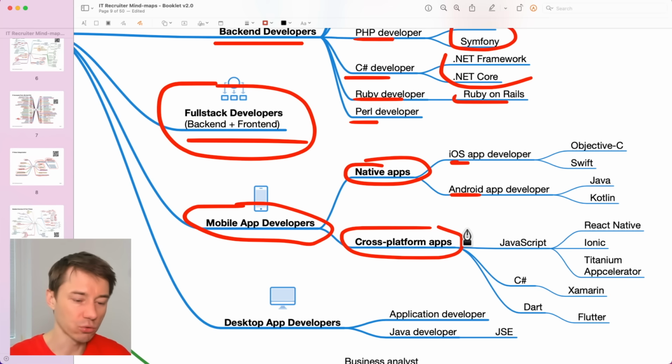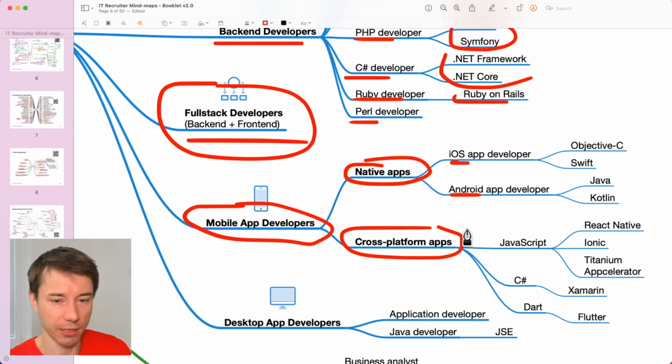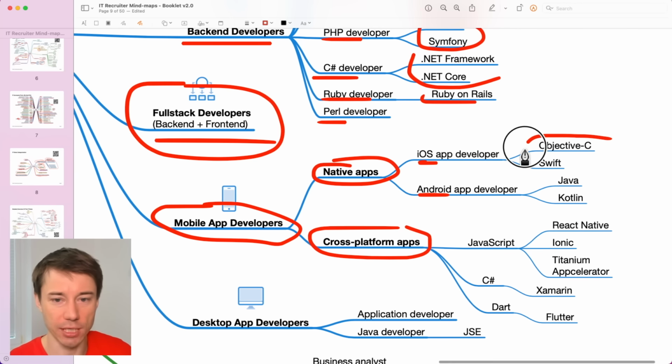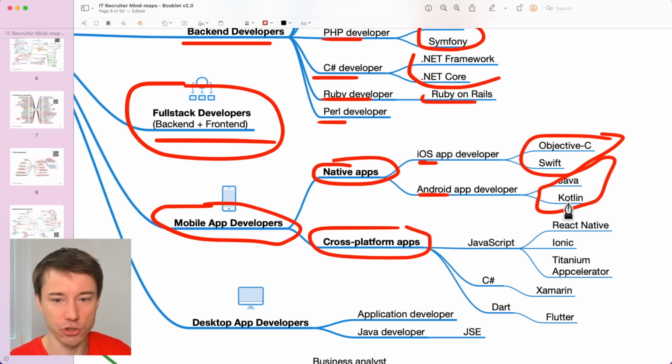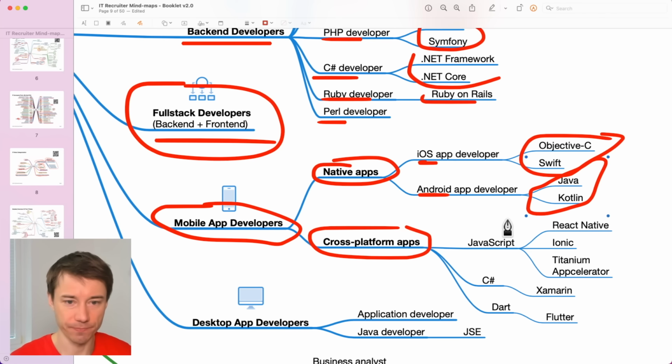So companies need to develop both iOS and Android applications at the same time, which means they need one iOS developer, one Android developer. And the iOS developer would use, for example, Objective-C or Swift, while the Android developer would use Java or Kotlin programming languages.